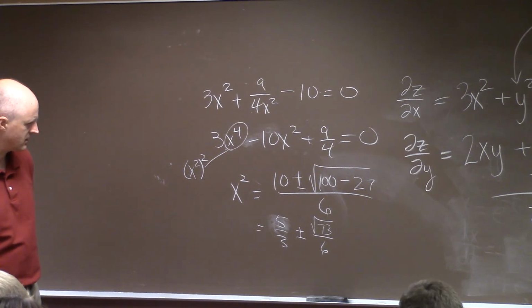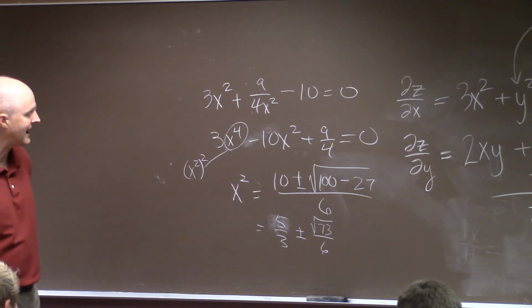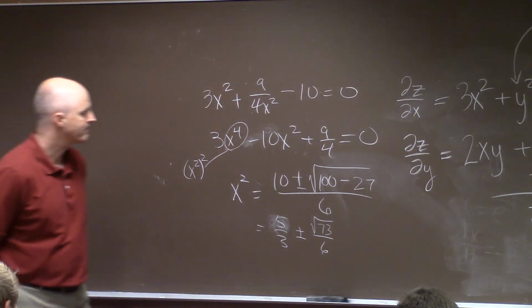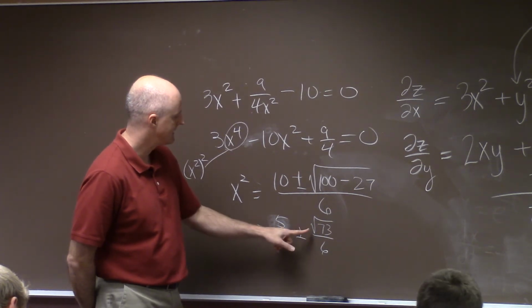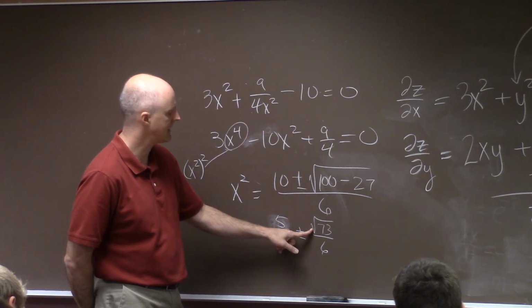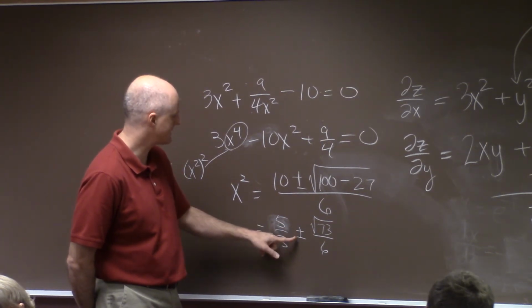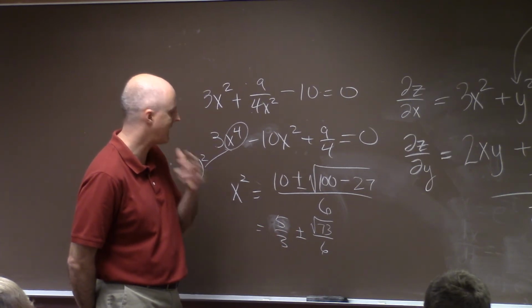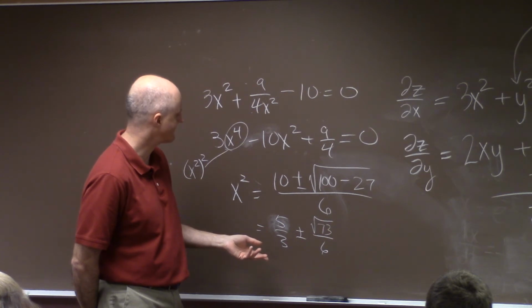Double check my work here. Square root of 73 is going to be between 8 and 9. 5/3 is 1.6 repeating. 8 over 6 is 4/3, 1.3 repeating. 9/6 is 1.5. It looks like the plus or minus will work here to give you a positive number. Then you can take the square root, plus or minus square root of that to get the x's.